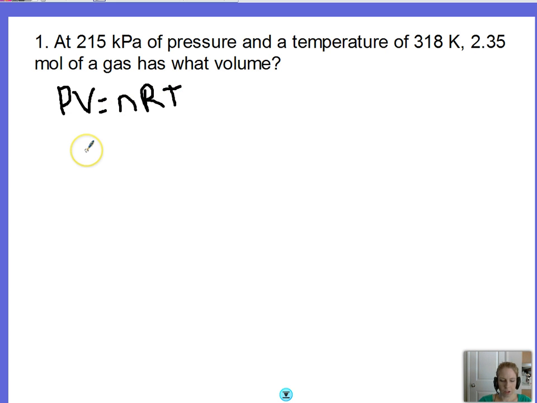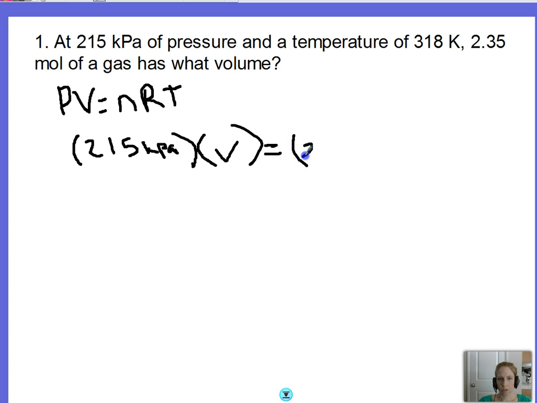Now, let's just plug in our numbers. So we have 215 kPa, and volume is what we're looking for. That's going to equal 2.35 moles times our R constant. Now, which constant are we going to use?